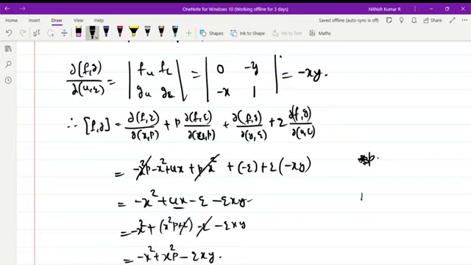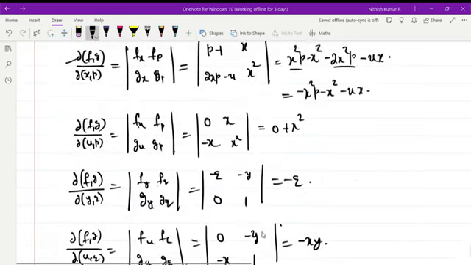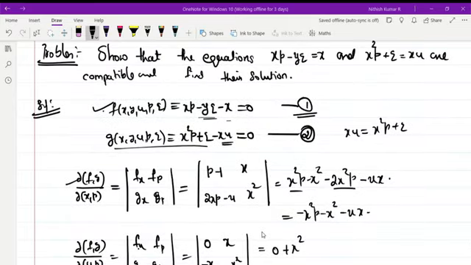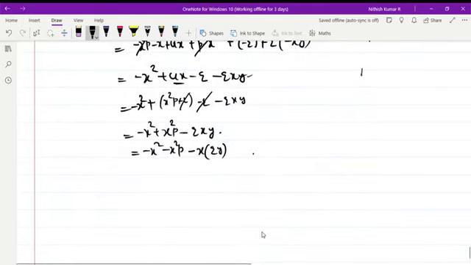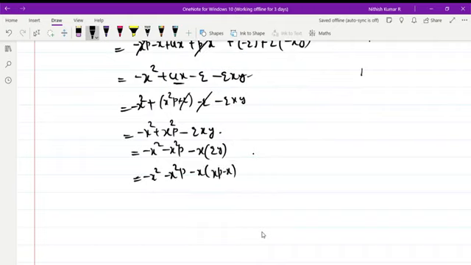From equation 2 we have ux equal to x square p plus q. So just substitute here: it is minus x square plus x square p plus q minus q x square as it is.